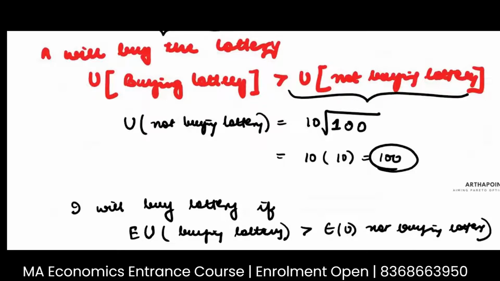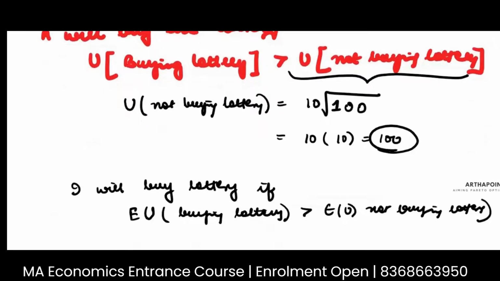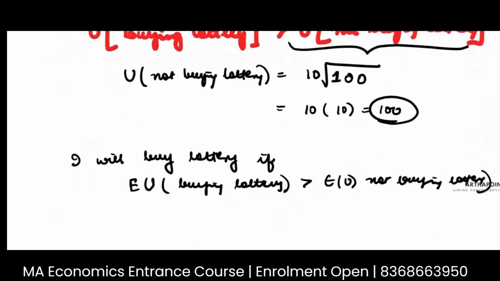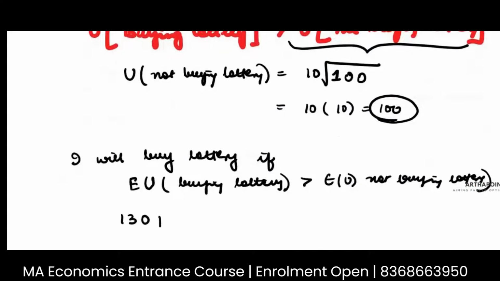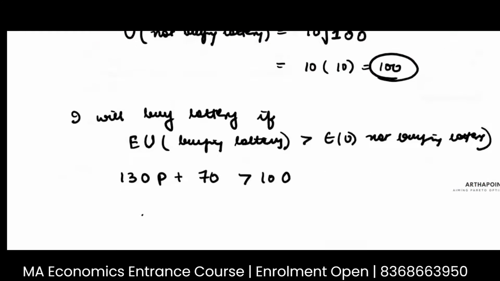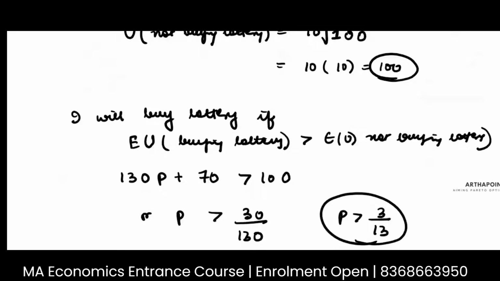As long as I have this, I will go ahead and buy the lottery. So I will have 130P plus 70 greater than 100, or P greater than 30 by 130. So P greater than 3 by 13. Then I will go ahead and buy the lottery.